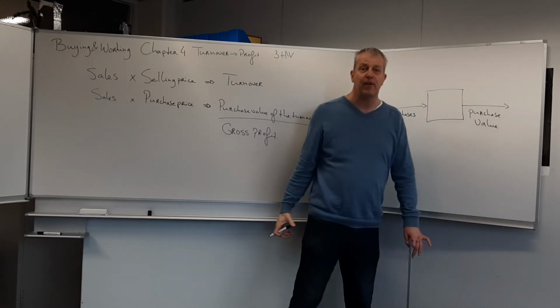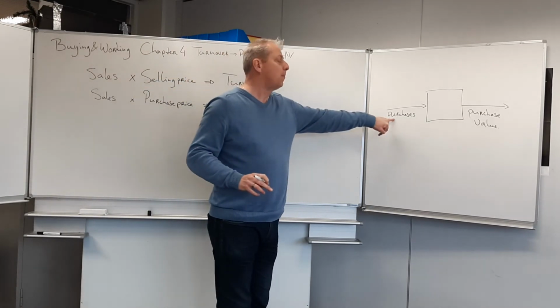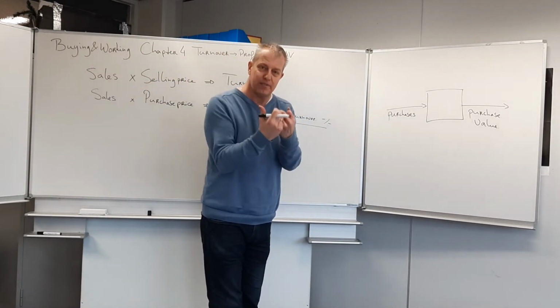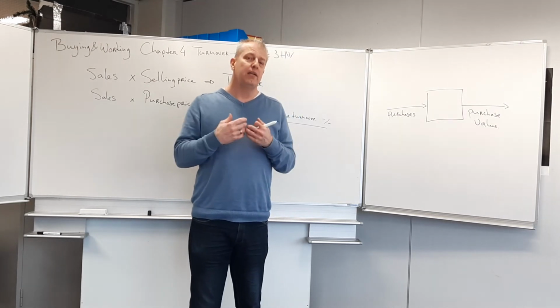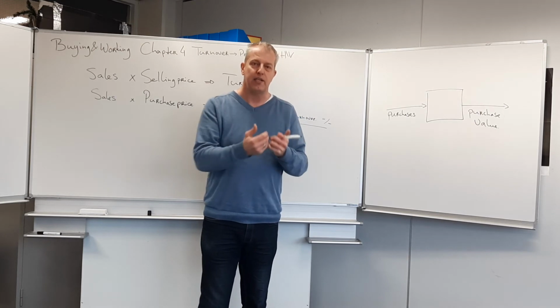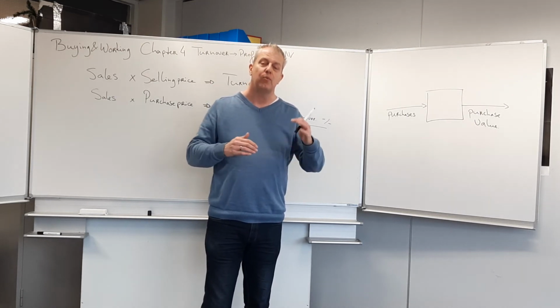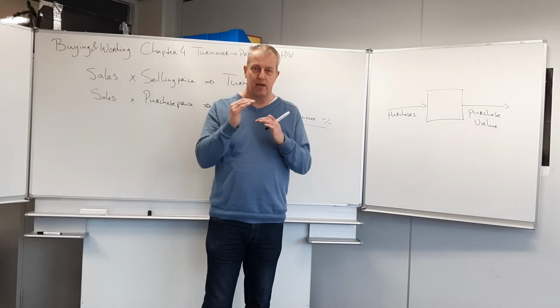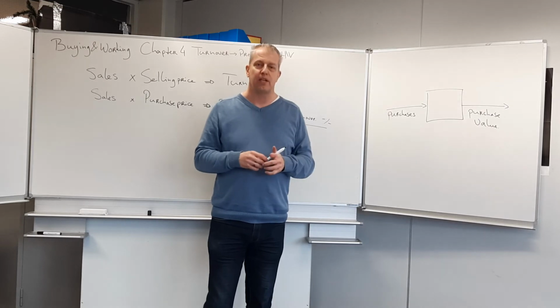Yes, so the purchase value is everything that goes out of your company, whereas the purchases is everything that comes in to your company. So those two can differ. So you can either buy more than you actually sell, or you can buy less than you sell. Yes, so that makes your stock go up and down. Yes, but you have to know that those two are not necessarily the same.